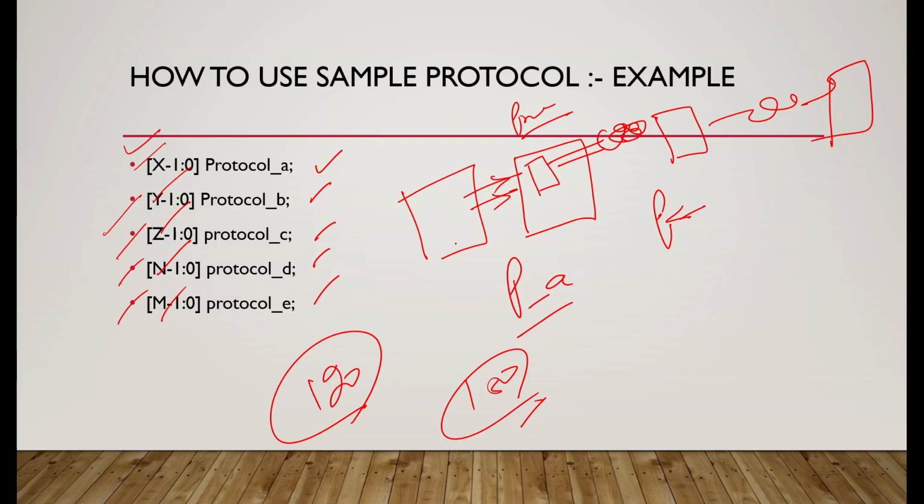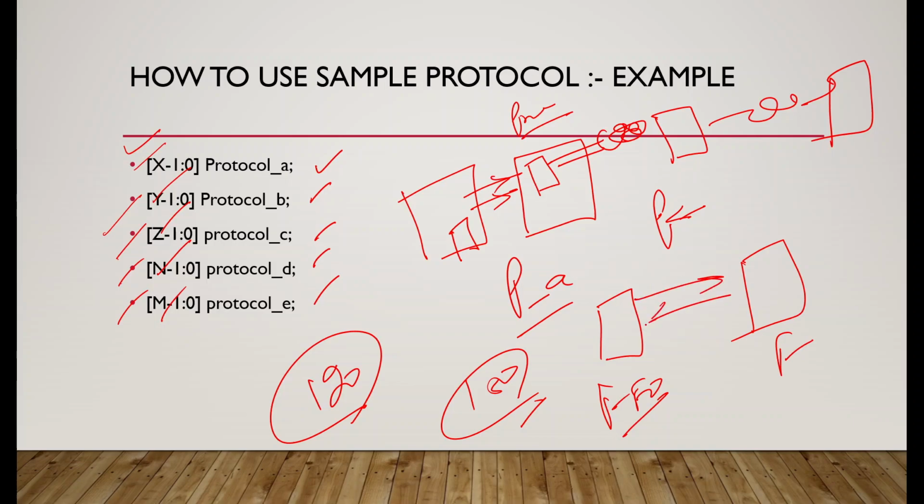Many times we also have a handshake mechanism, a FIFO kind of thing, or any other ready handshake mechanism. For example, these are the inputs to the controller, so this will be input to the FIFO. When we are writing to the FIFO, we are writing A, B, C, D, E, right?